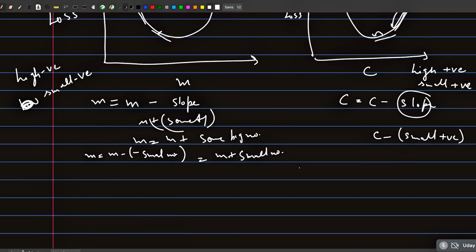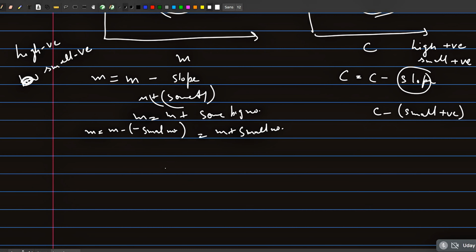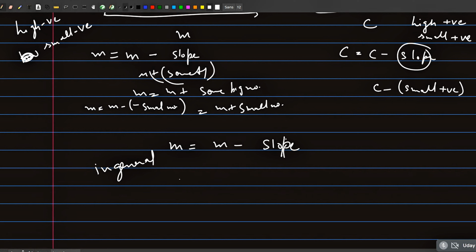So if we take our equation as m equals m minus slope, in general, if we talk in terms of analogy, the parameters we denote as W. That is why we call these weights.